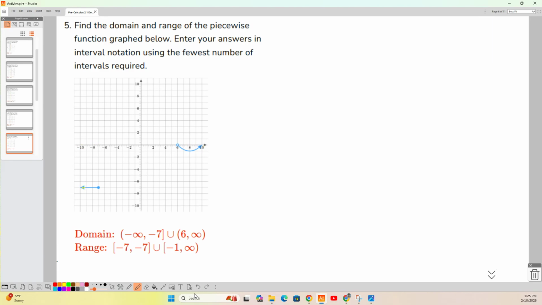Now, for the range. The range is all the possible y values. We don't have any y values down here. We don't see any arrows pointing downward, indicating that the graph is going to be going down forever. So if I look at the graph, the lowest y value that we start with is -7.